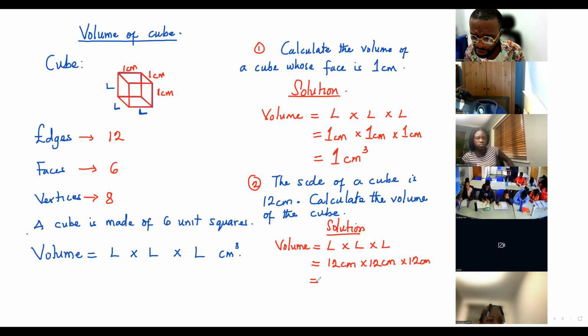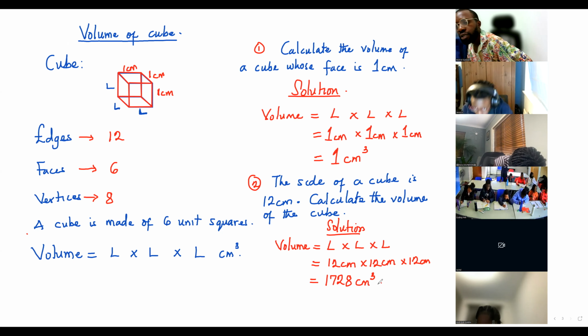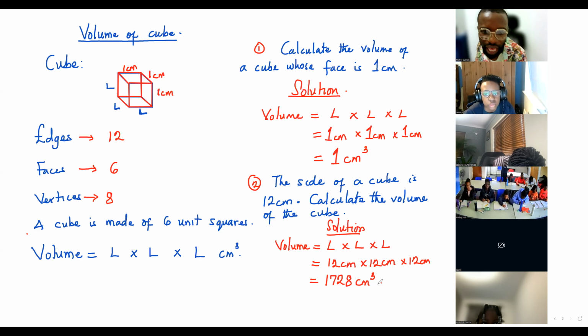Did you say 1,720? 28. So 12 times 12 times 12 would be 1,728 cm cubed. You've got to put cm cubed.